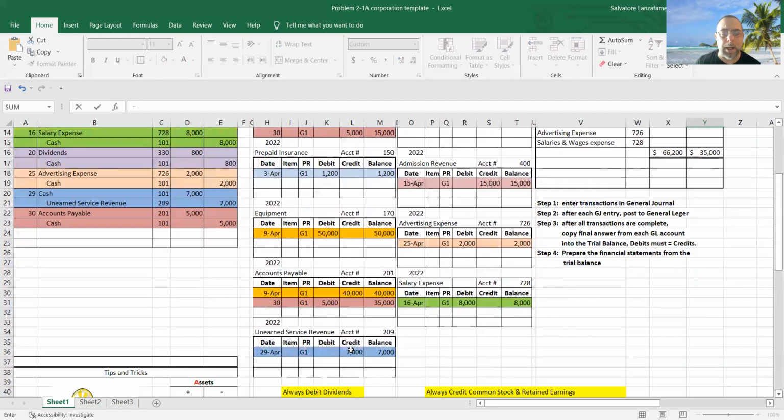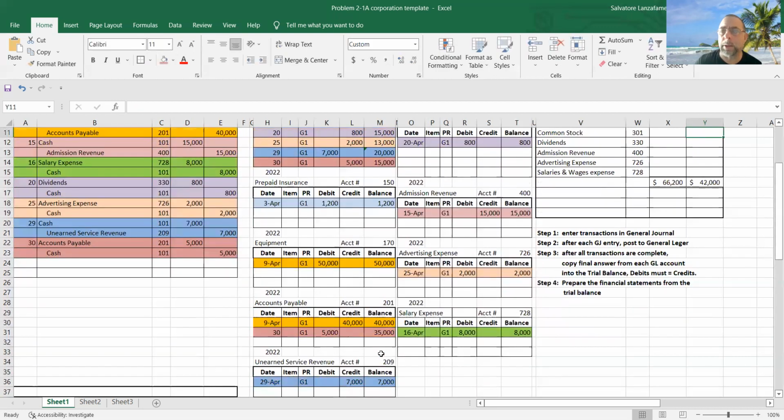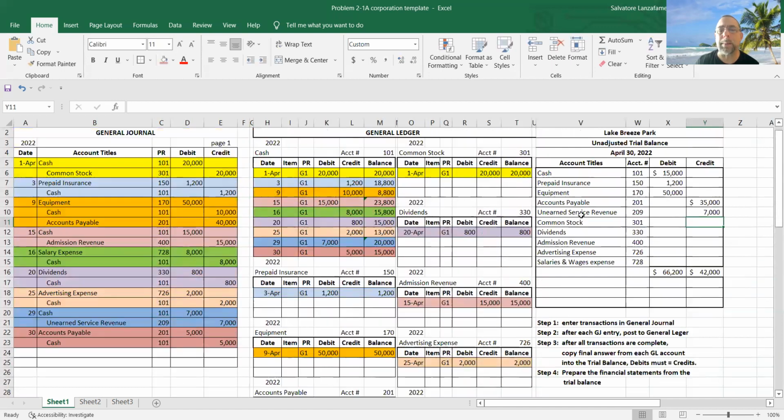Unearned revenue, another liability, another liquor account, which means credit balance. Common stock, another liquor account, credit balance. Dividends, that's a debit aid account. So that's going to be on the debit side. Admission revenue, that is a liquor account. And that's going to have a credit balance.